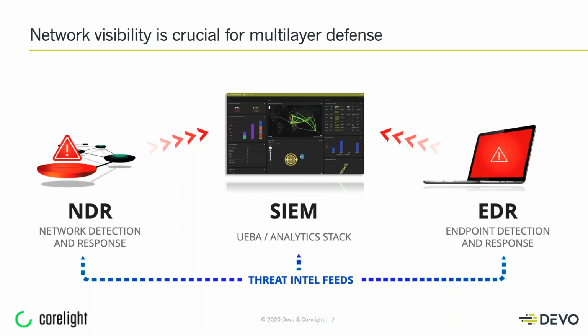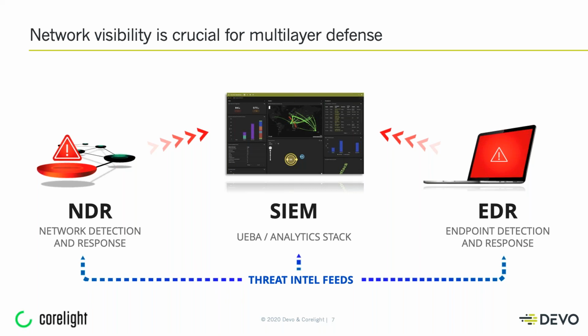Another way of looking at these gaps and this complexity is in terms of what Gartner calls the SOC Triad, which is comprised of EDR, endpoint detection and response, as well as network detection and response, or NDR, with all this data going into a SIEM.